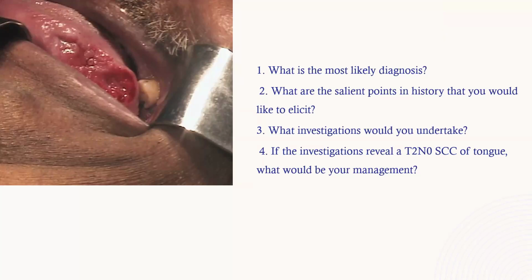Personal history of tobacco, alcohol, and cigarette smoking. And any history of bleeding from the lesion. And how it is progressing, and what about his feeding, any difficulty in eating, and voice changes?